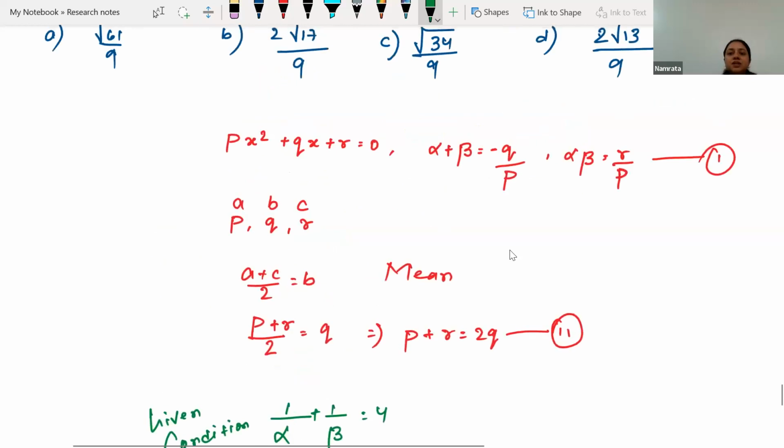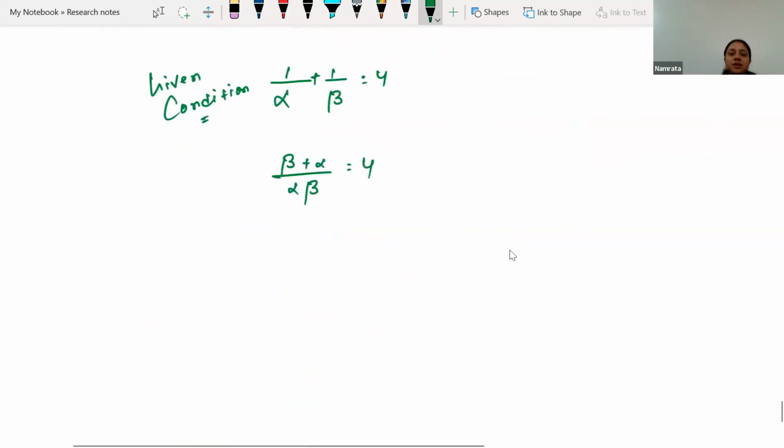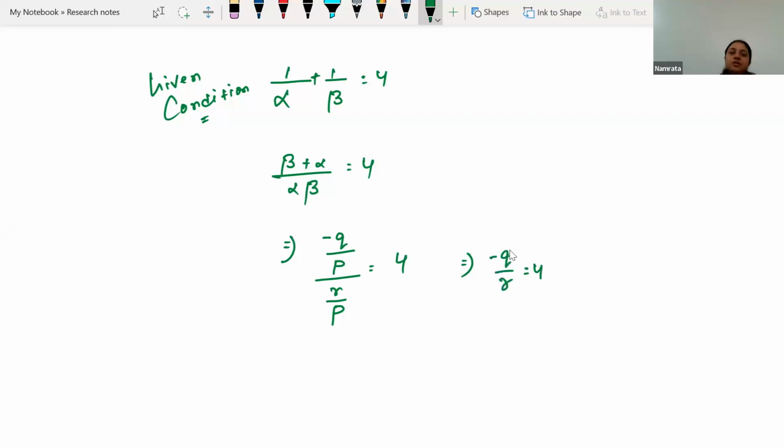We know alpha plus beta is minus q by p in equation number 1, and alpha beta is r by p. If we substitute it over here, minus q by p by r by p, what are we getting? Minus q by r. Perfect. Is equals to 4.